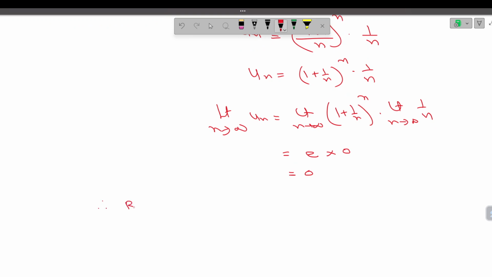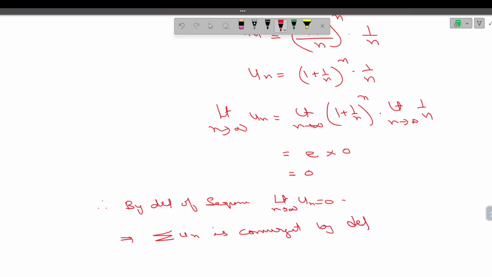Therefore, by the definition of sequences, limit n tends to infinity un equal to 0 means the given series is convergent. By definition, when x equal to 1, the series is convergent.